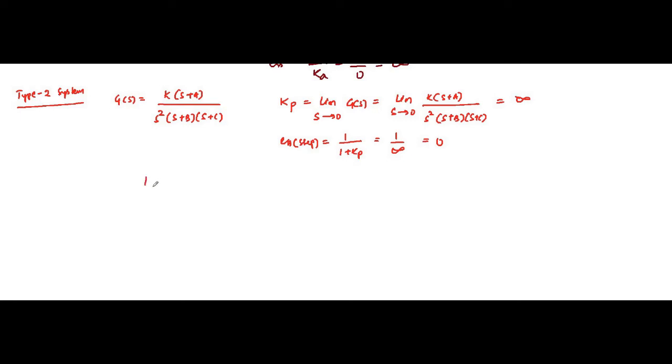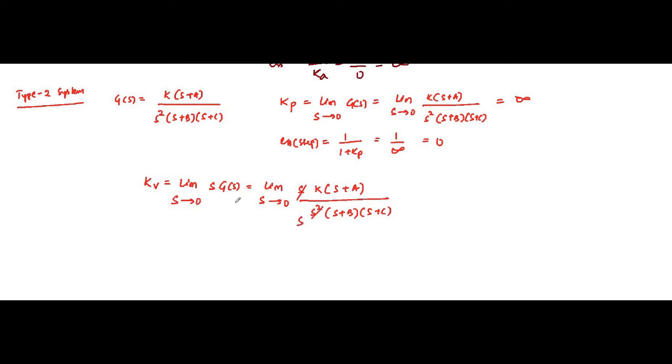Then we have the velocity error coefficient for ramp input application, which is equal to limit s tends to 0 s G(s), which is equal to limit s tends to 0 s multiplied with K into (s plus a) by s square (s plus b) into (s plus c).